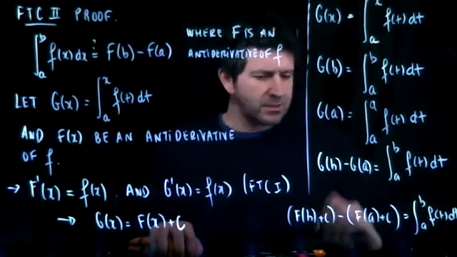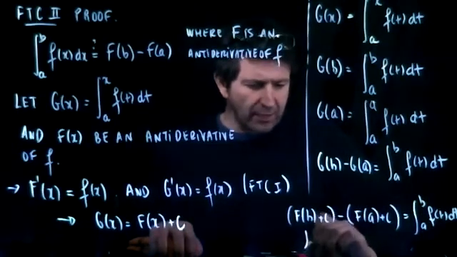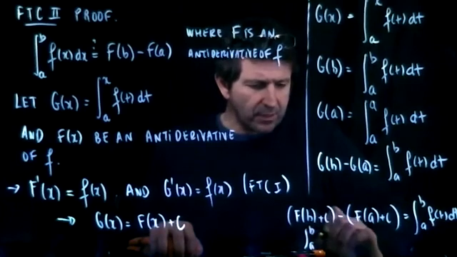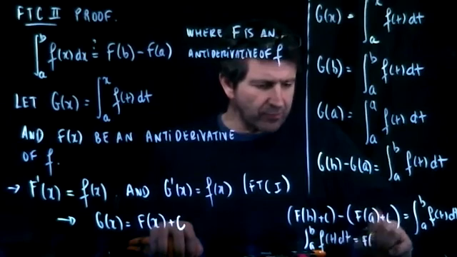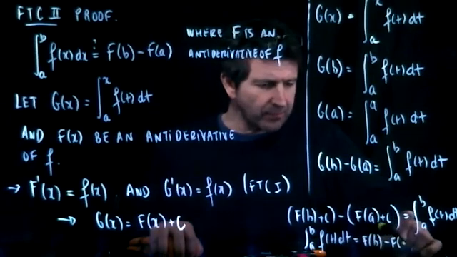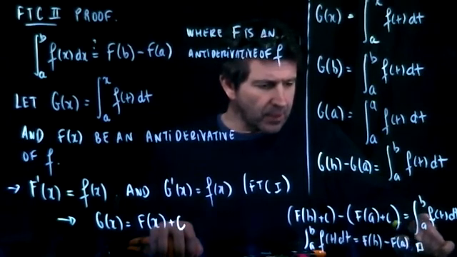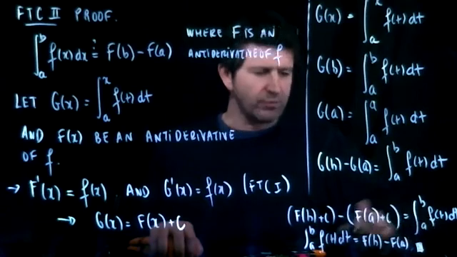Cross out the c's, and there you go. You will have the area from a to b, f of t dt, is equal to F of b minus F of a, F being the antiderivative.